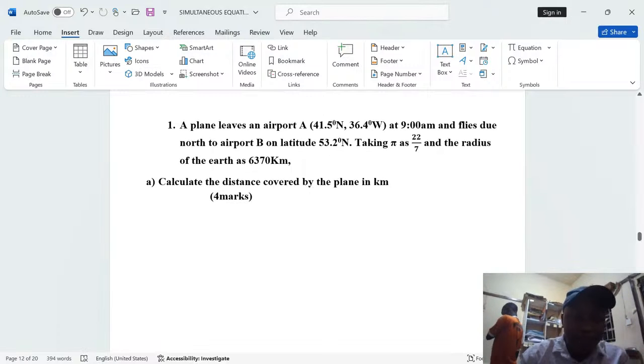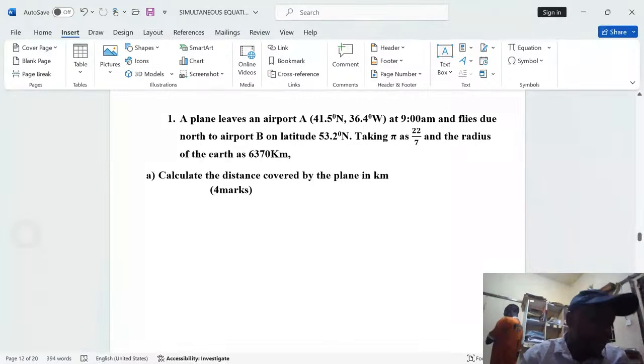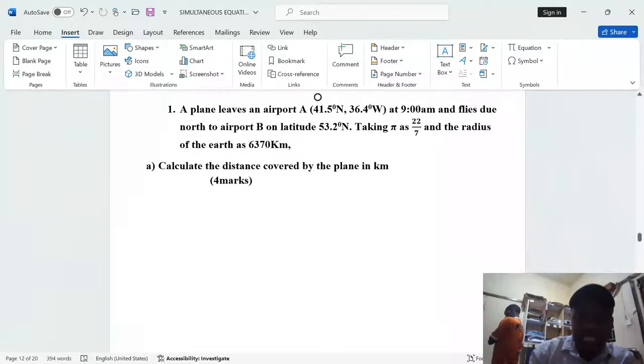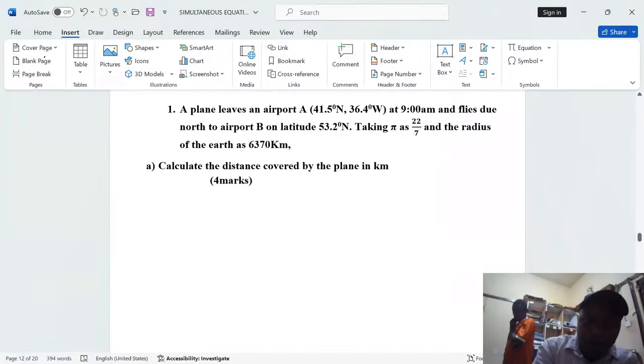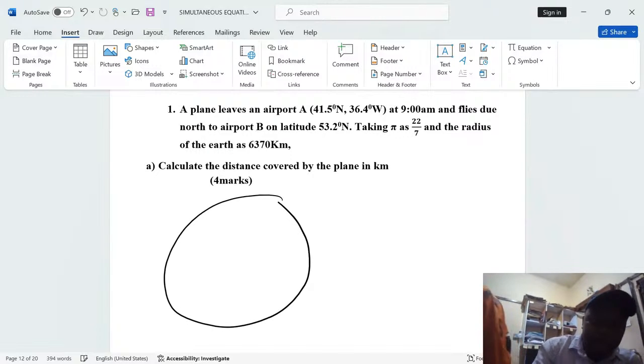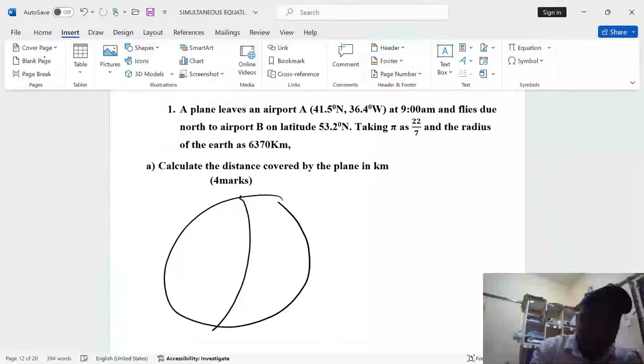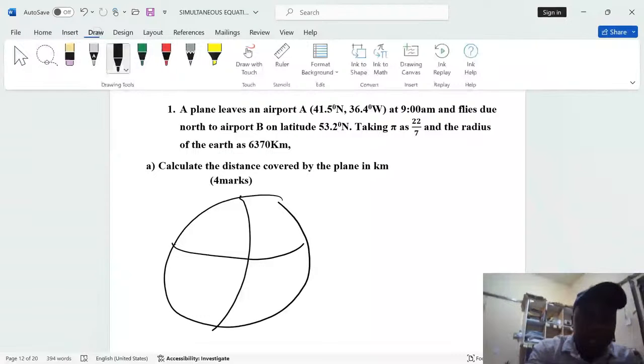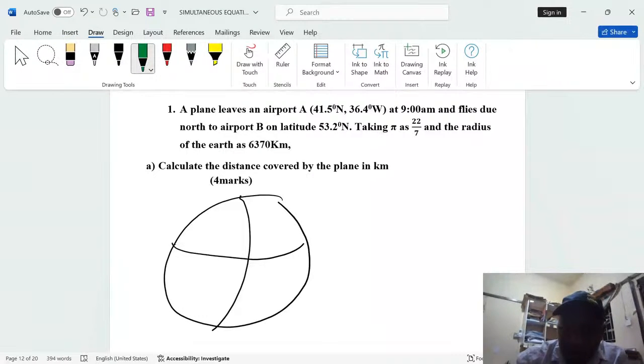Part A: calculate the distance covered by the plane in kilometers. So when you look at the movement of such a plane, we are having the globe here, this being the 0 prime meridian, this being the 0 equator. Then we will be talking about 41.5 in the north.